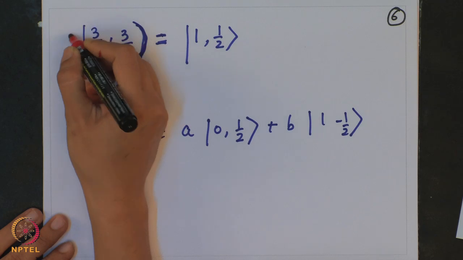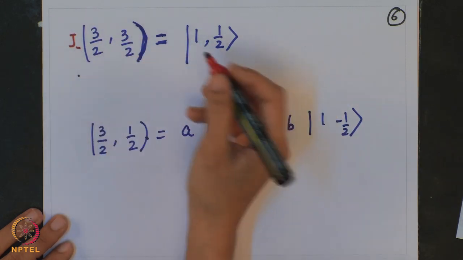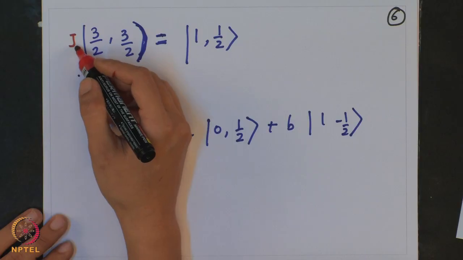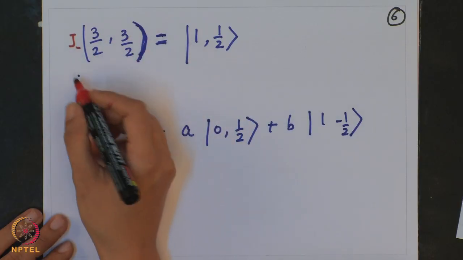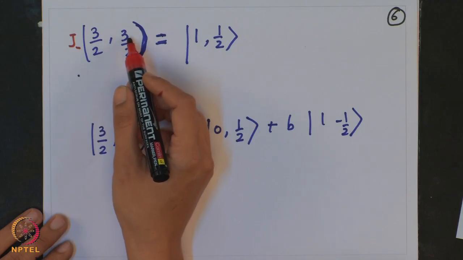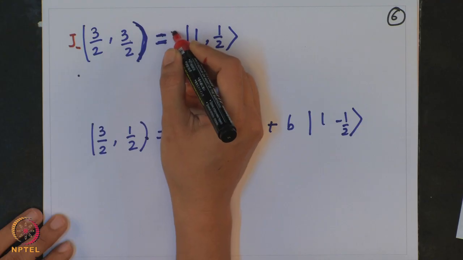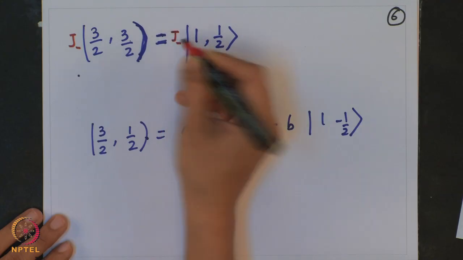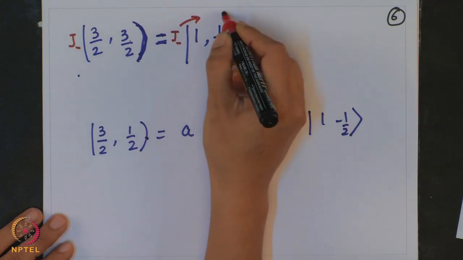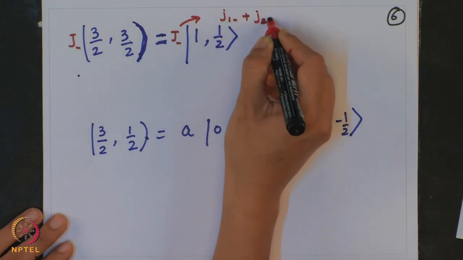When you apply the ladder operator J minus on this, you will obtain the CG coefficient C minus, and this state will be lowered, that is M will be M minus 1. When you are applying your J minus here, you will have to apply J1 minus plus J2 minus.